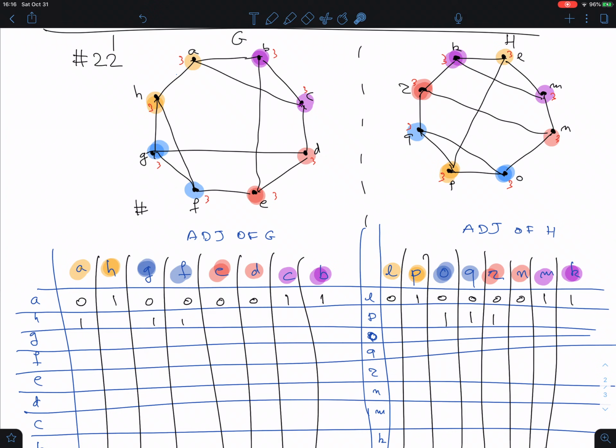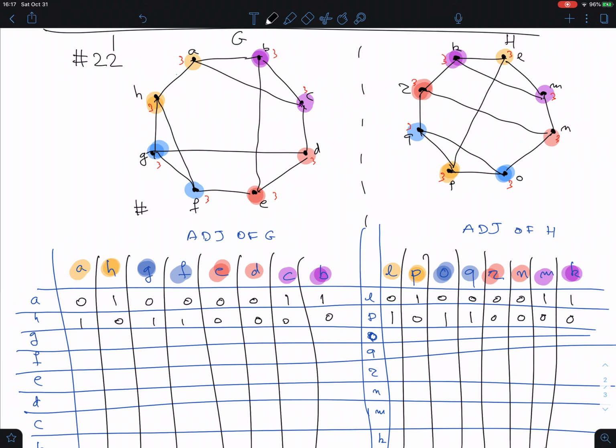Sorry. P, where is P? Here's P. The neighbors are, oh no, that's not R. I knew there was something wrong. So the neighbors of P are Q, O, and L. L, that's this guy. Okay, that looks more like it. I'm filling in the zeros, but it's kind of silly, right? Because if it's not the one, it has to be a zero. So from now on, let's just put in the ones.